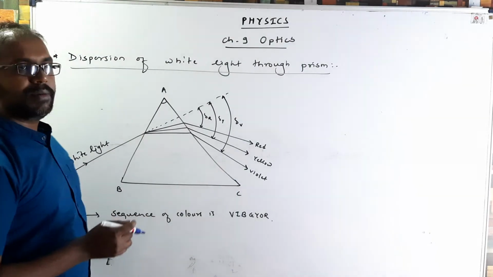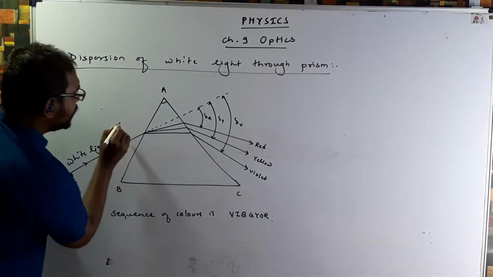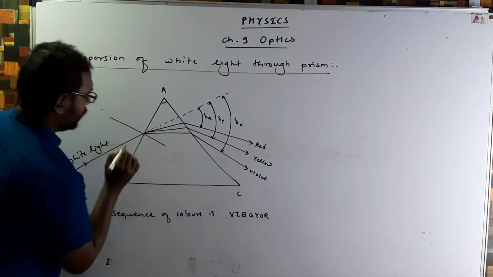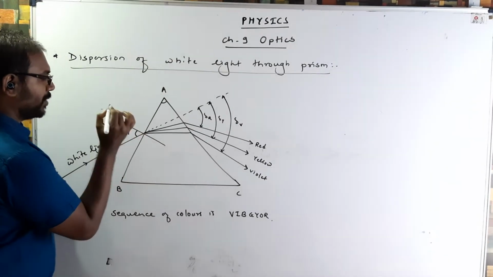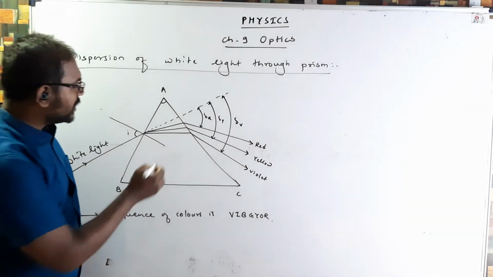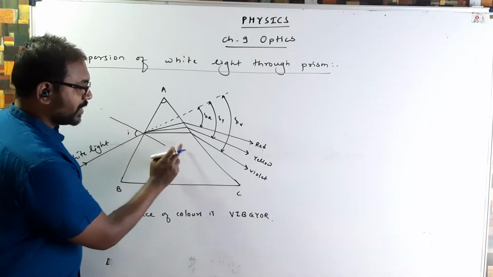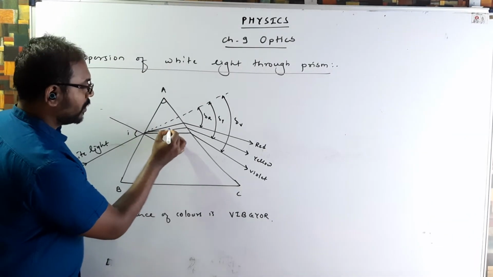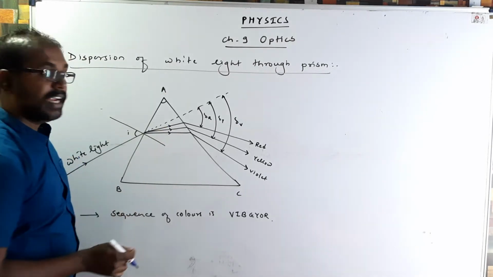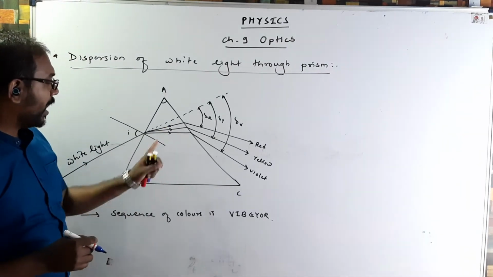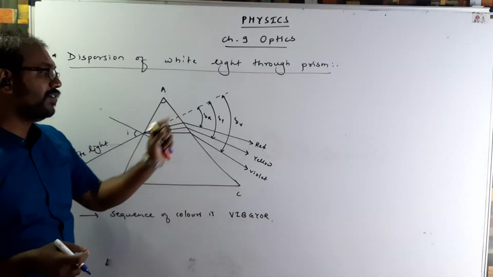Now one thing you remember here, if I consider here a normal, then this angle is the angle of incidence. Then these angles are angles of refraction. The angle of refraction for violet light, yellow light, red light is different. So angle of refraction is different for different color.